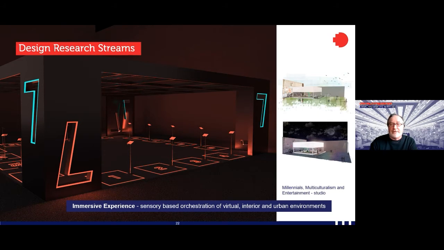So this is looking at a series of projects around a festival, a sound and light festival that is expressed in the city, but is also connected through your digital media.